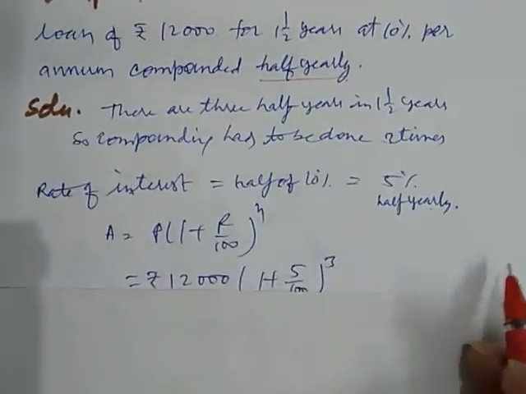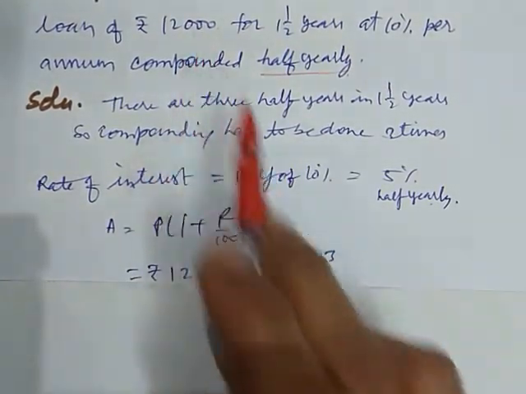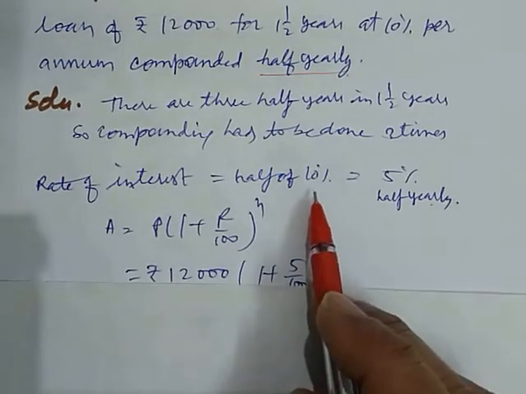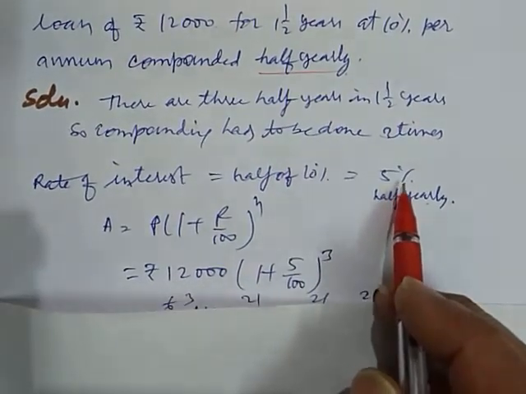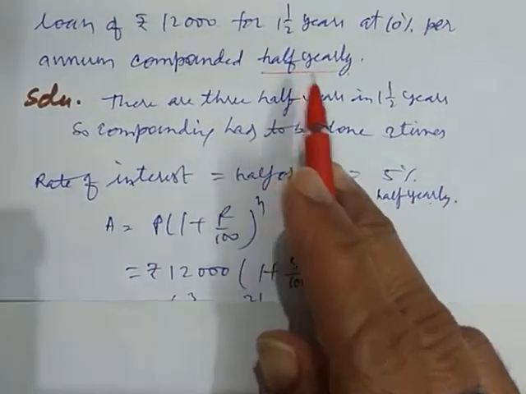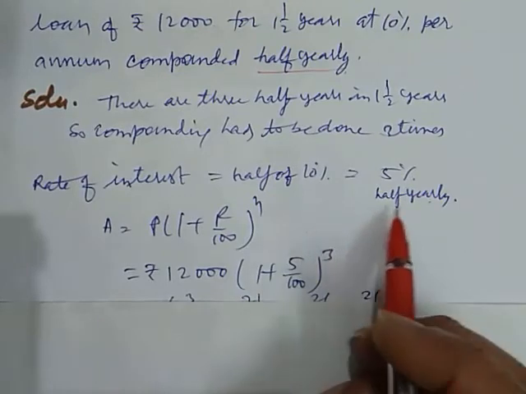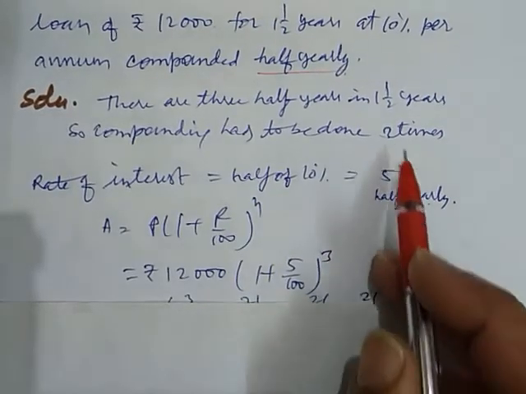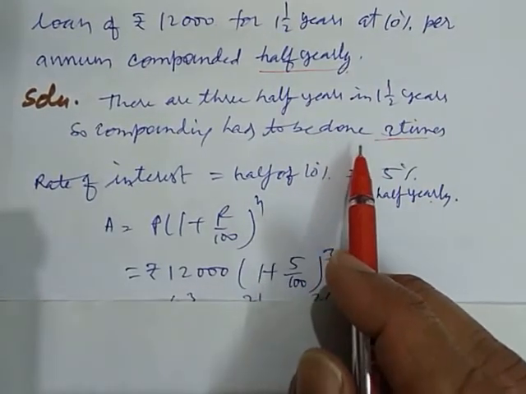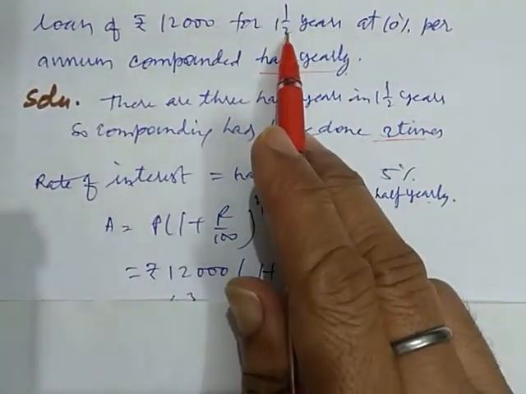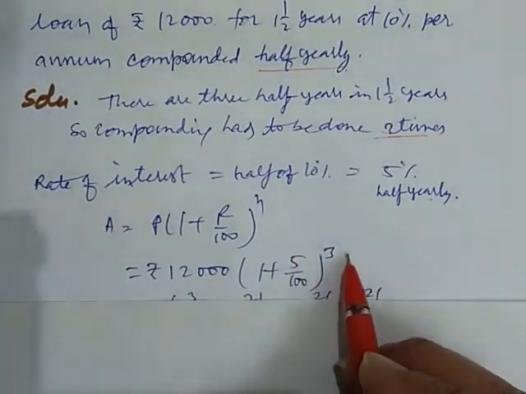Here the principal is 12,000, the rate of interest is now 5% because we compound half yearly, and the number of conversion periods is 3, so n is 3.